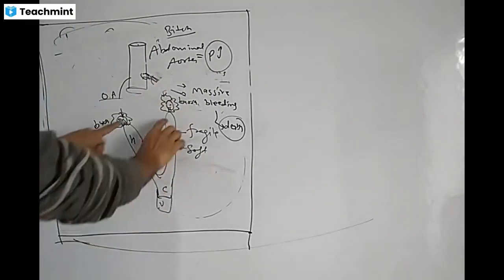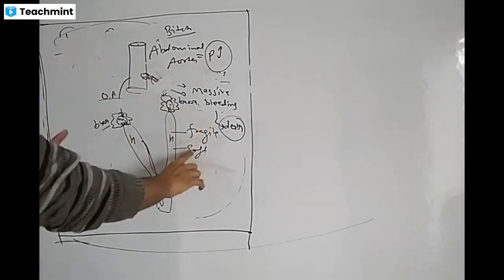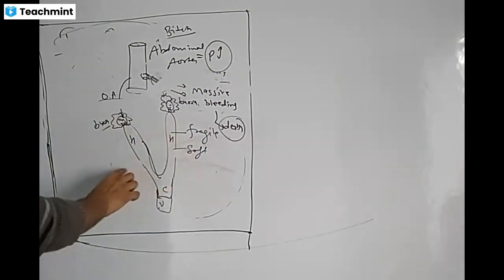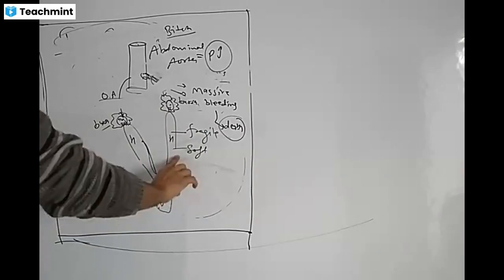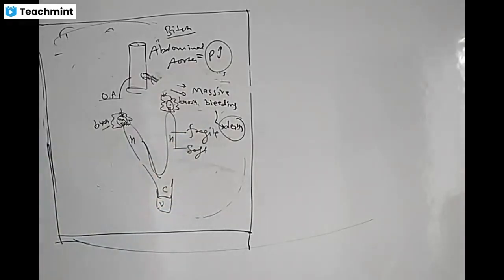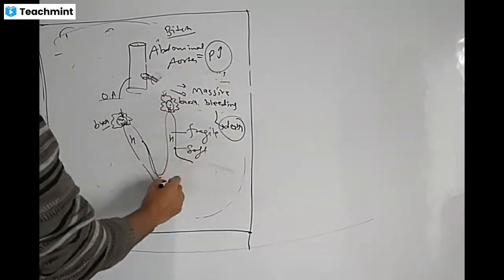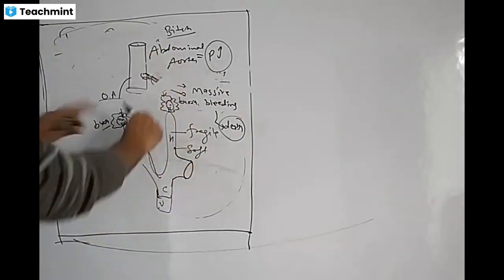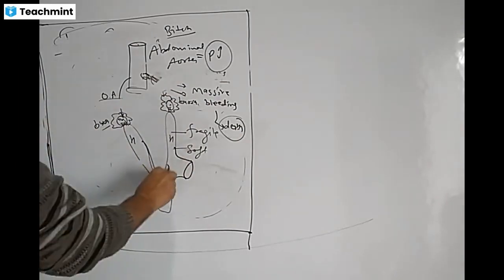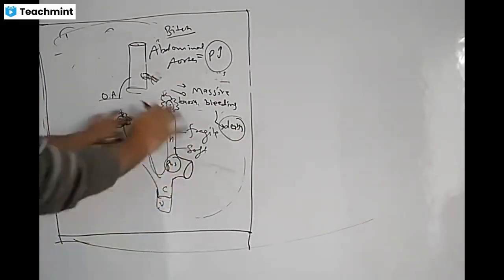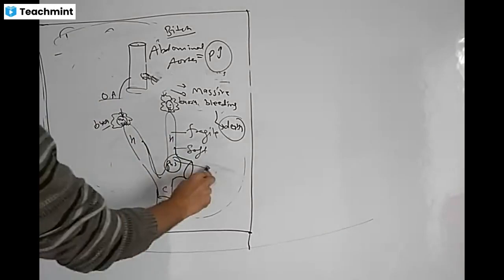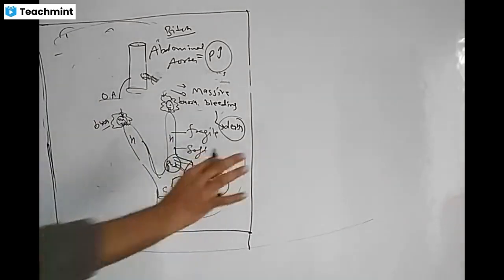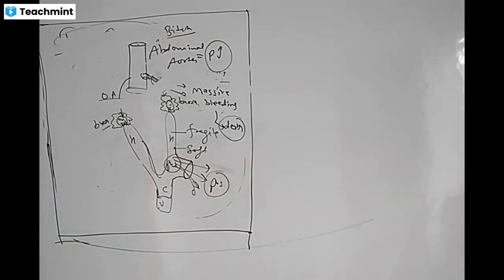The second case: this uterus is also soft and fragile. If you handle it very roughly, there may be chances that the wall may tear off. If the uterine wall tears off in case of pyometra, the whole uterus is filled with pus. What will happen? Pus will come out, and this pus is infected material.